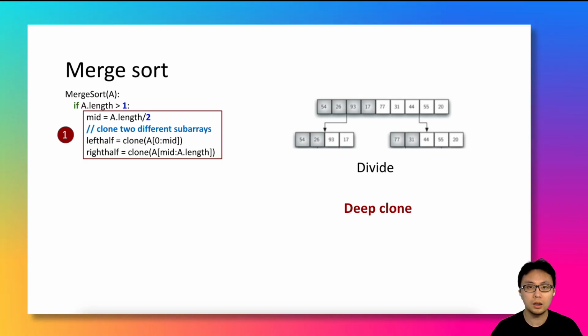The same thing can be said for the right half. It will eventually have the same elements as the right half of the original input after you finish running the first block of code. Any changes to left half, I'm talking about the variable, won't affect the original input and vice versa, because it's a deep copy. The same thing can be said, of course, for the right half. Okay, that's the first block of code, the divide step.